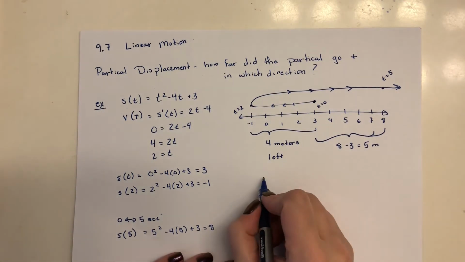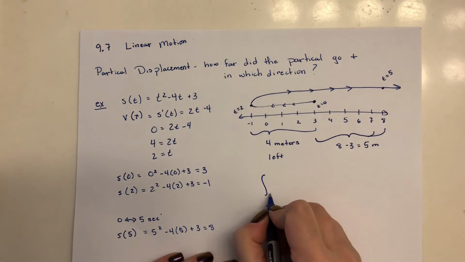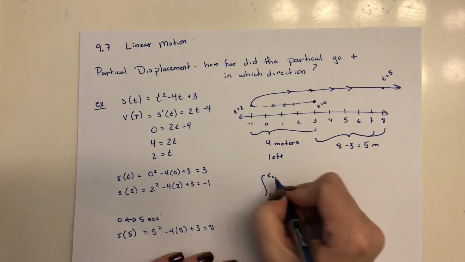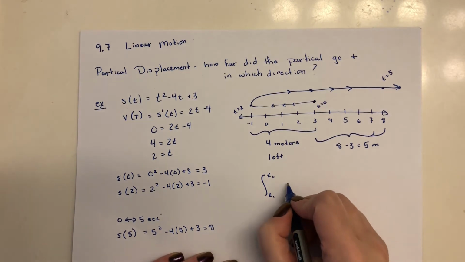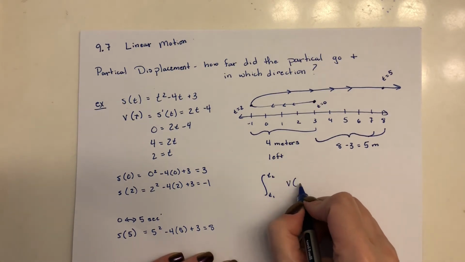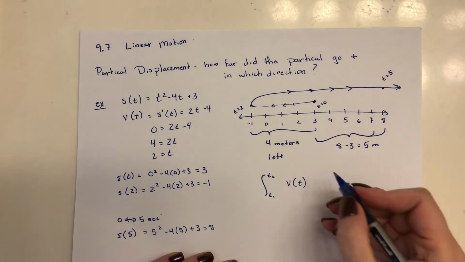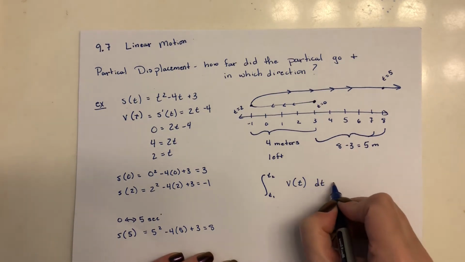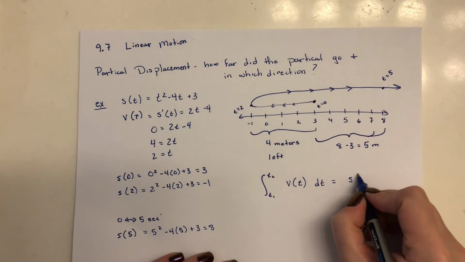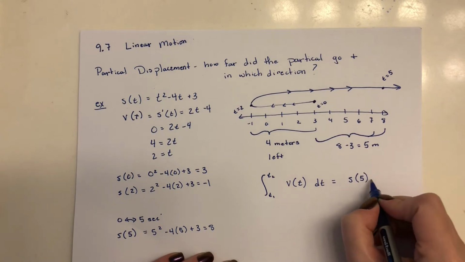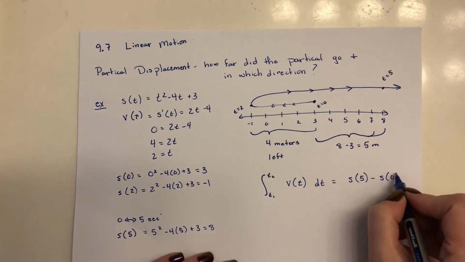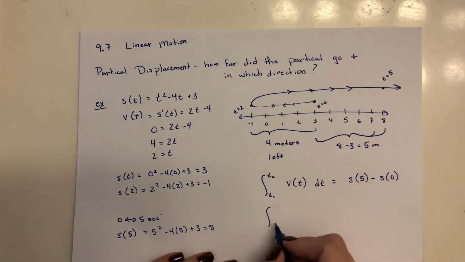The way that the book describes this is if you take T1 and T2 and you find your velocity function, you integrate it, in other words, giving you back the position function, that's the same thing as doing S of 5 minus S of 0 if we want to go from time 0 to time 5.